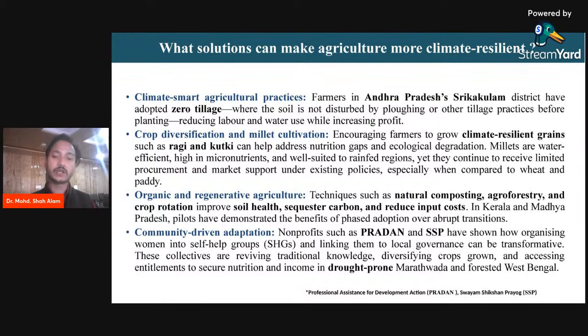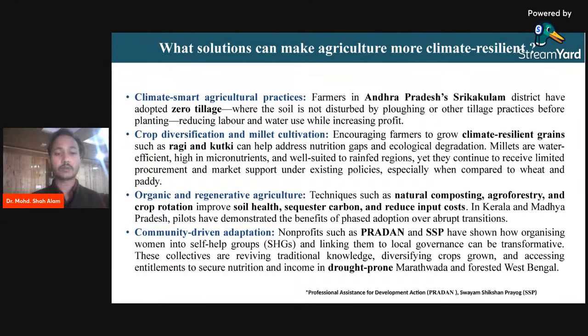In zero tillage, primary and secondary tillage are completely avoided. There will be no primary and secondary tillage, so the soil is not disturbed, which will decrease soil erosion, and it also reduces the labor requirement.